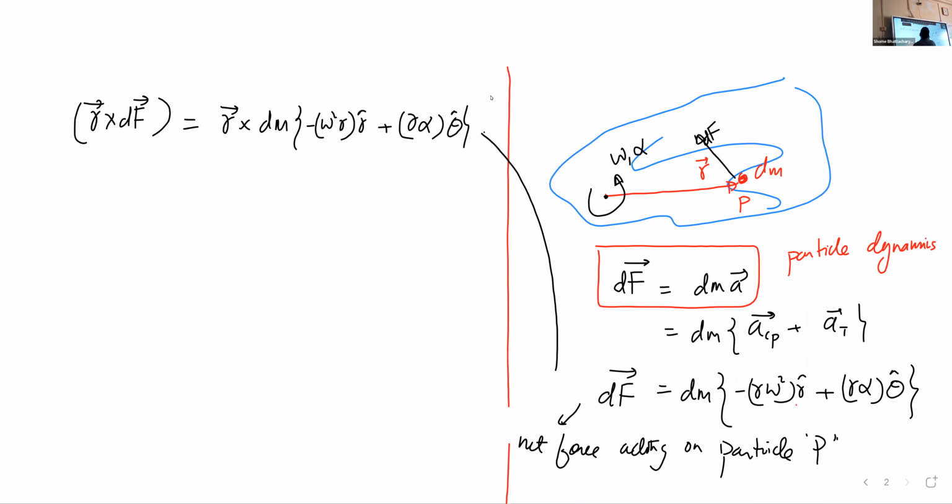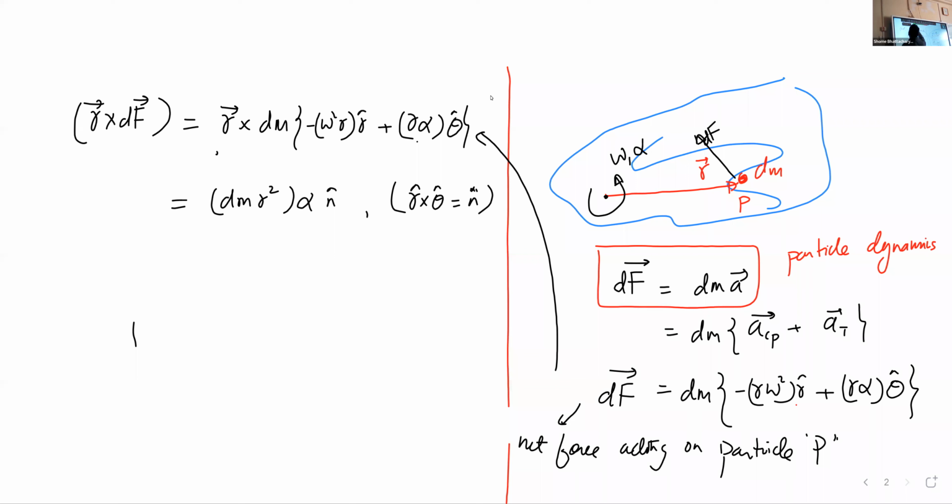When I do this cross product, you can see the first term will disappear and the second term will give me something I'm very familiar with: dm into r square alpha n cap, because I know that r cap cross theta cap is equal to n cap. So I'm making use of this. This vector r is actually r into r cap, so that's how I get the extra r. I have dm into r alpha, into another r from here, but the direction becomes r cap cross theta cap, so it becomes n cap.